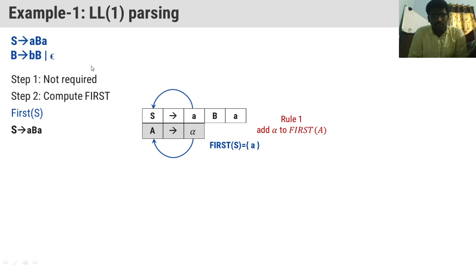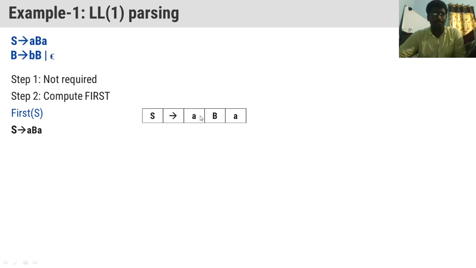If you are unable to remember all the rules, please remember the things I am telling you, so that it will be easy for you. Rule number 1: if the production is in the form A implies alpha, first of A will be alpha only. So if the production is S implies aBa, then first of S equal to small a.